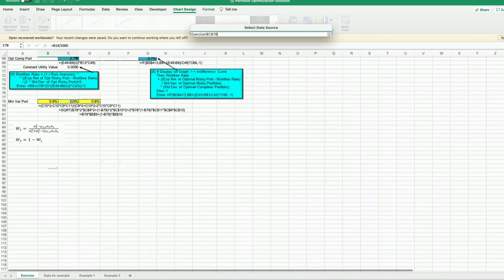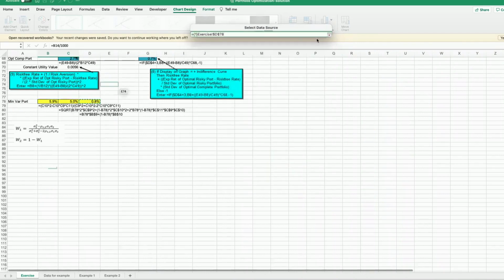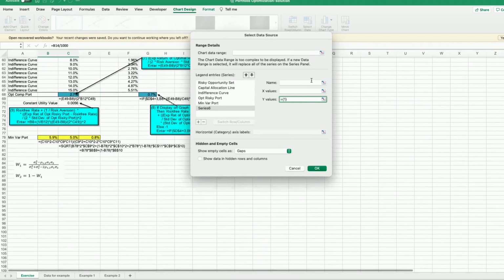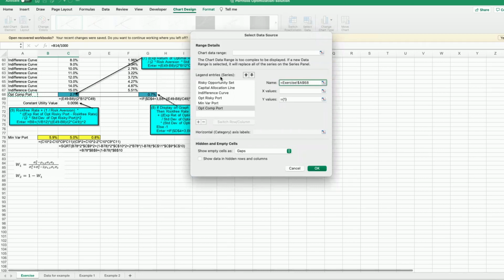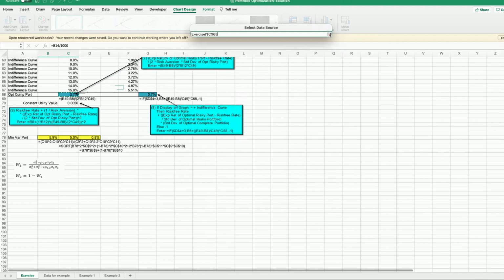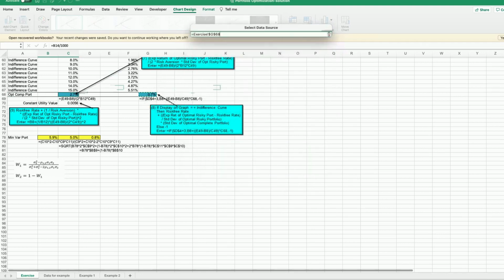X is 5% standard deviation and 0.8% return. So add one more. This will be the optimal complete portfolio that combines risk-free asset with risky. X value is 2.7% standard deviation, 0.7% return.